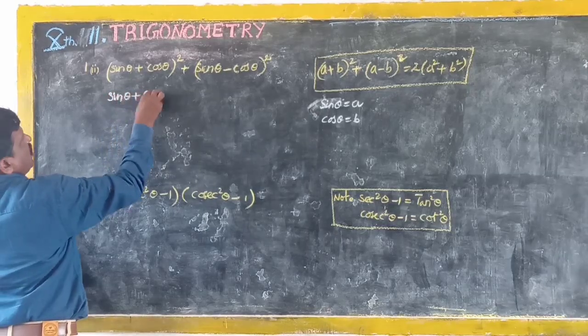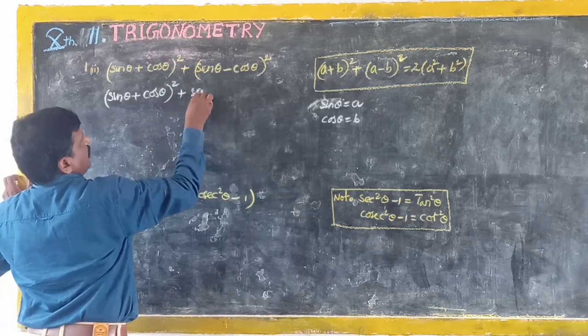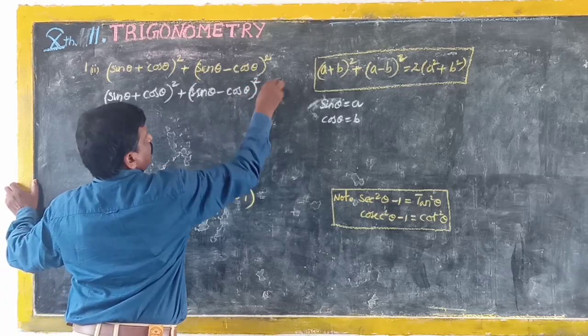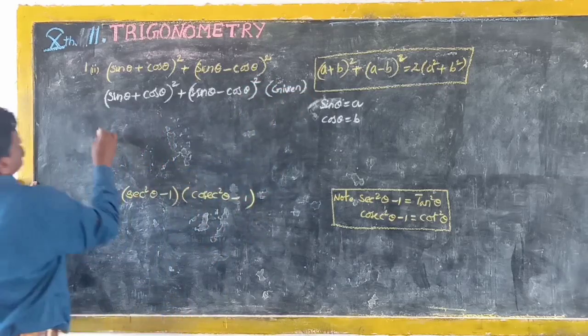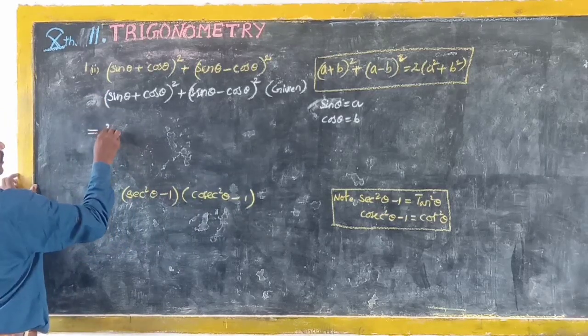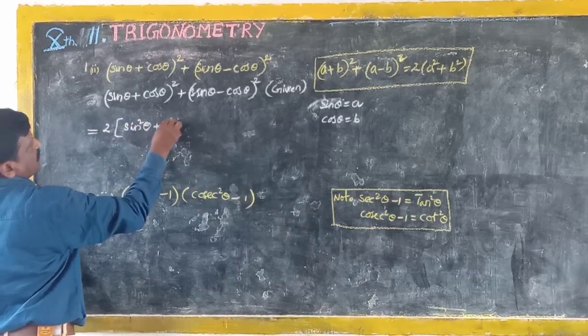sin theta plus cos theta whole square plus sin theta minus cos theta whole square, given. So 2 into a square plus b square, sin square theta plus cos square theta.